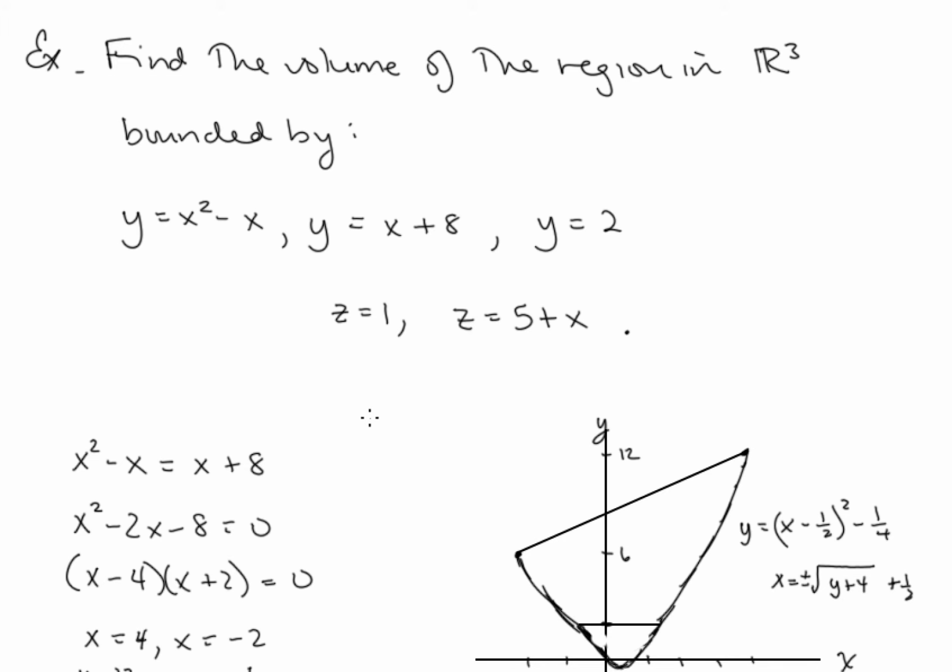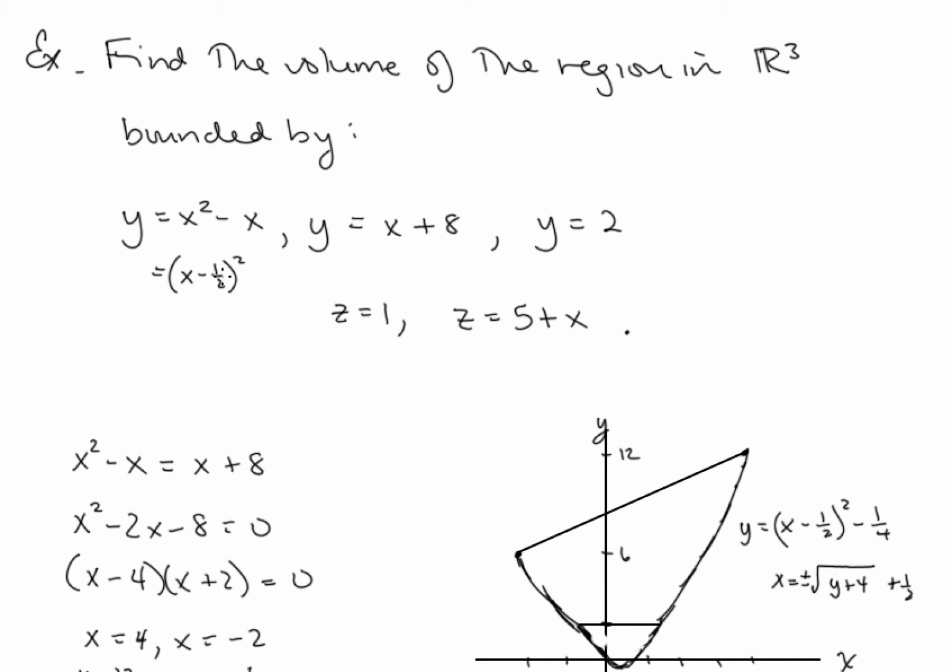The first thing I want to do is get an idea of what's happening just in the xy plane. So I'm going to take a look at the first few equations that we have. y equals x squared minus x, y equals x plus 8, y equals 2. With y equals x squared minus x, I want to have an idea of how to sketch this. So I want to complete the square and recognize that this is x minus a half quantity squared.